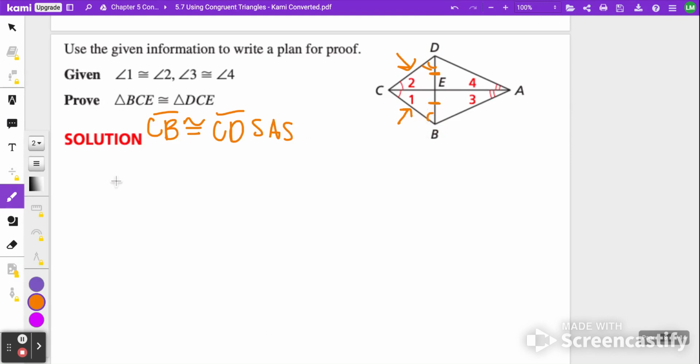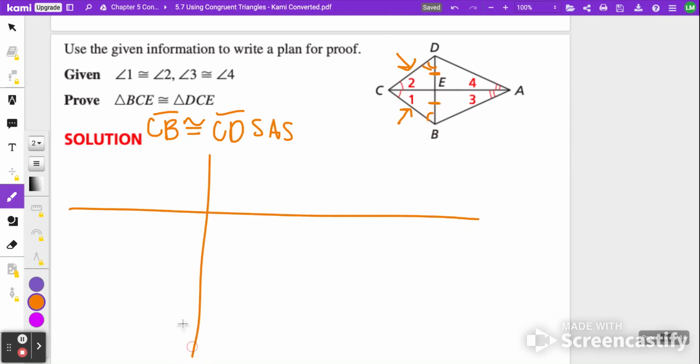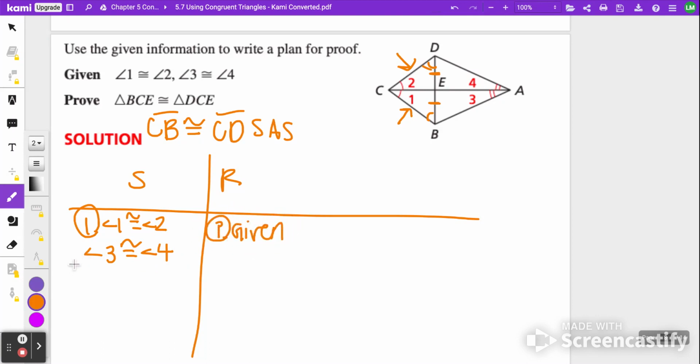Okay, so how we would do that is maybe start by setting up your proof. You have statements and reasons, and statement 1 is always your given. Angle 1 is congruent to angle 2. Angle 3 is congruent to angle 4. Okay. Something else we can say, that we know that CE is congruent to CE, and we can say that's reflexive.